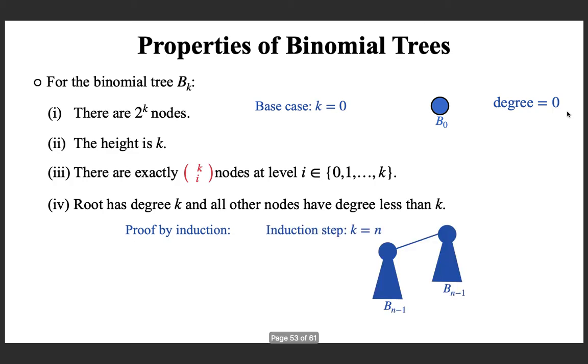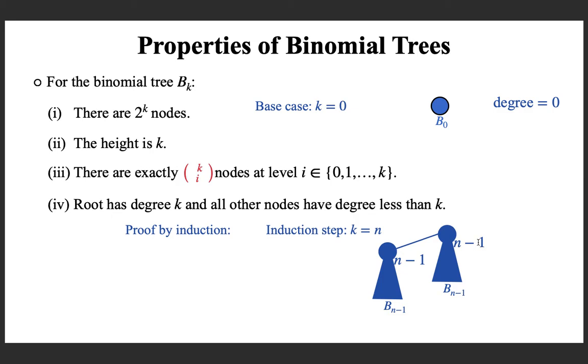Now we have to prove the induction step when k is equal to n. We know that this is how you obtain Bn from 2 copies of Bn minus 1. And from the hypothesis, you know that the degree of this root node is n minus 1, and here again it is n minus 1. And from the induction hypothesis, all the other nodes in these trees have degrees less than n minus 1.